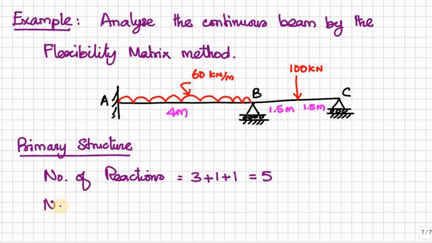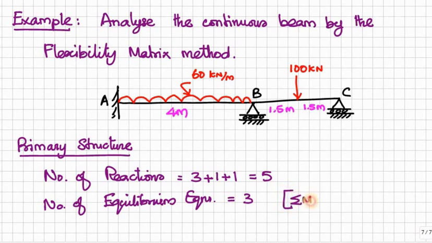And total number of equilibrium equations available for this structure is equal to 3. That means sigma M is equal to 0, sigma V is equal to 0, and sigma H is equal to 0. Therefore, degree of static indeterminacy Ds is equal to capital R minus capital E.